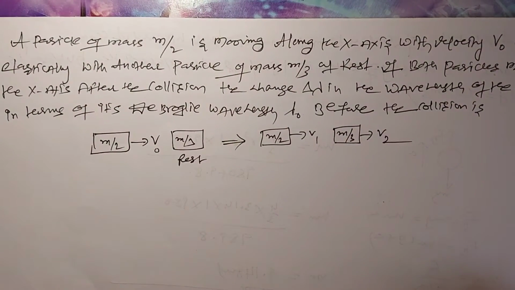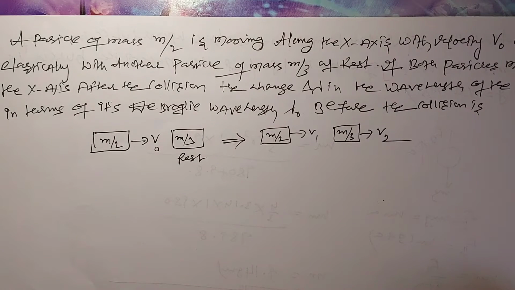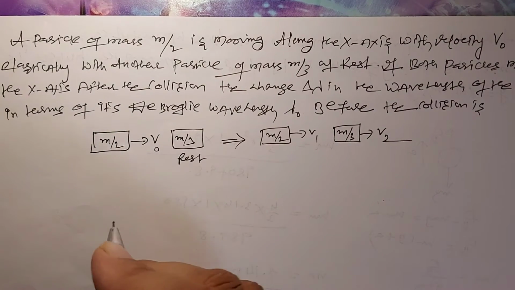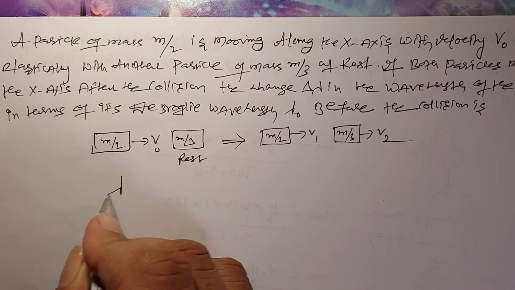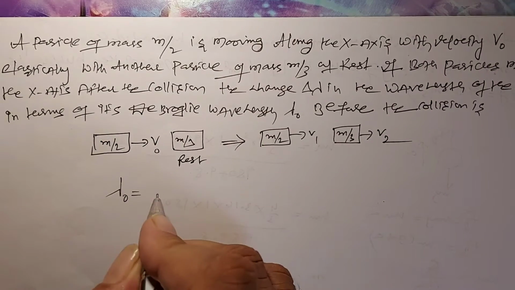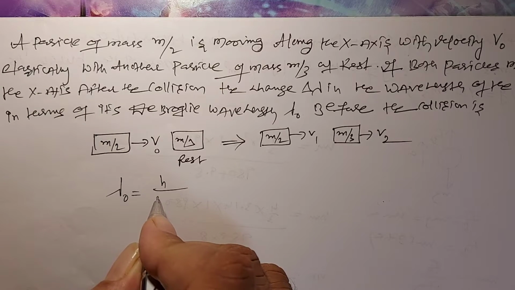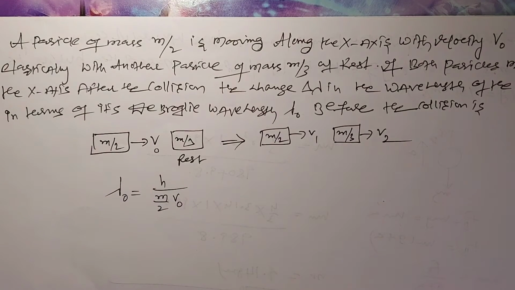Now what they ask here is the change in de Broglie wavelength. So lambda naught is equal to h by (m by 2) into v naught. This is the initial de Broglie wavelength of the particle of mass m by 2.